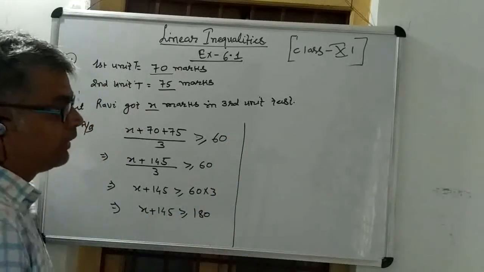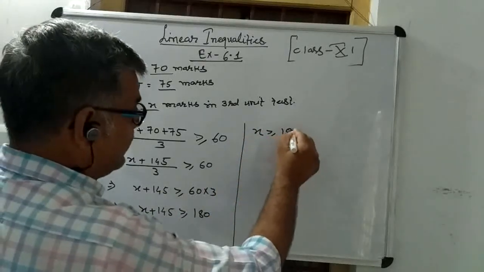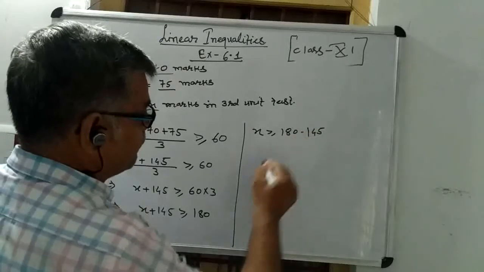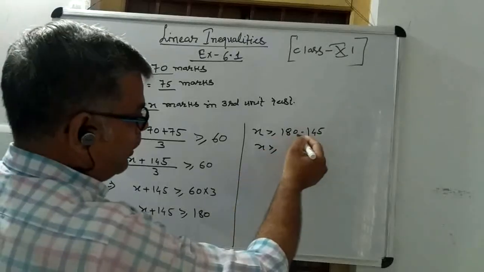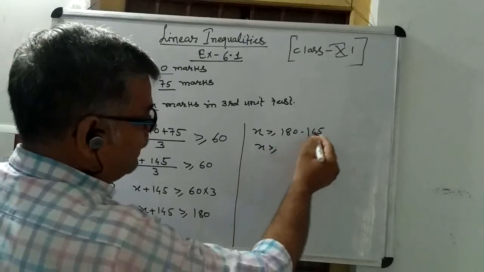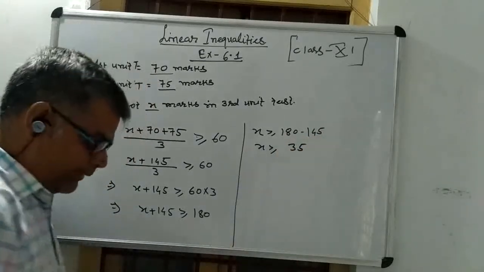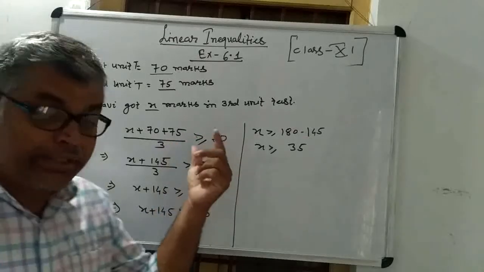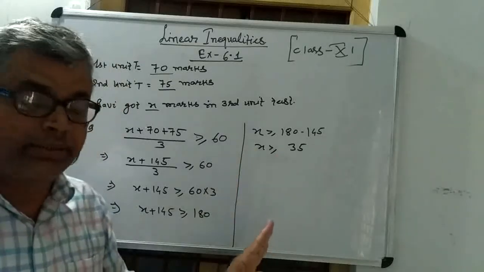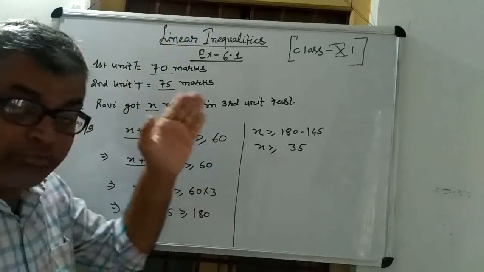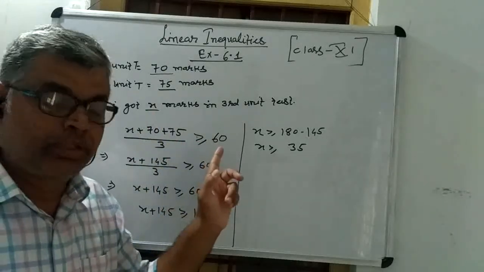It means that X is greater than or equal to 180 minus 145. So X is greater than or equal to 35. It means that Ravi has to get at least 35 marks in the third test to obtain an average of at least 60 marks over all three tests.